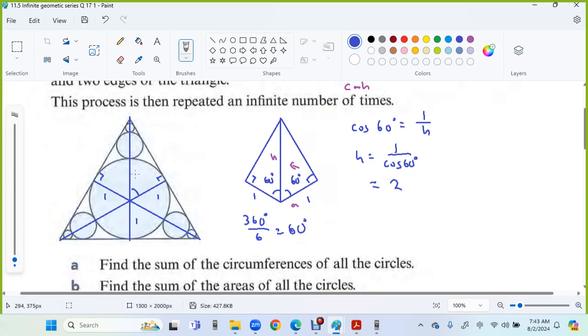So I know that this is 1. And then the whole thing here, this one also 1 here.